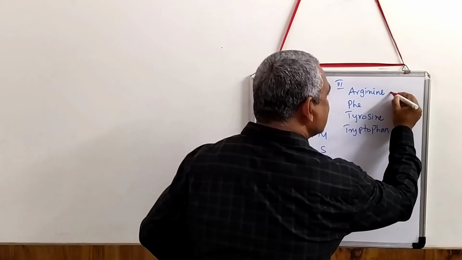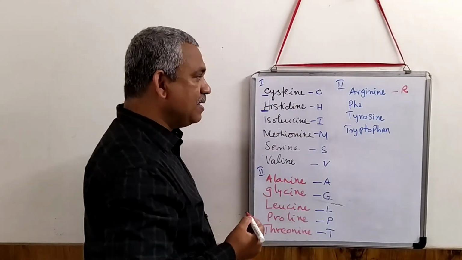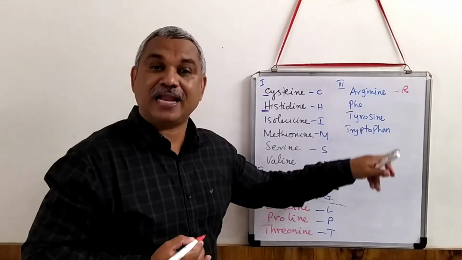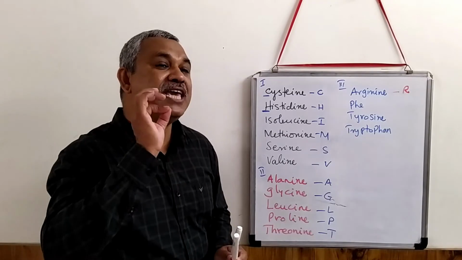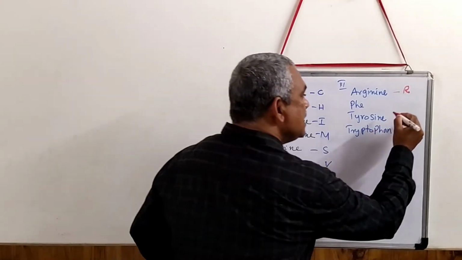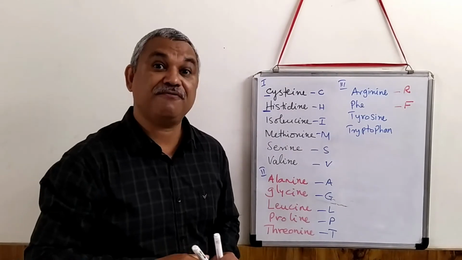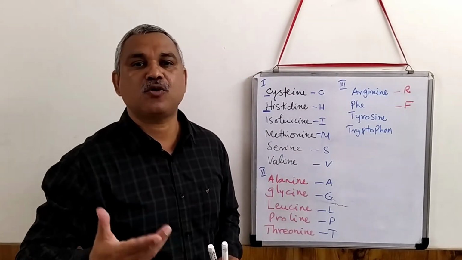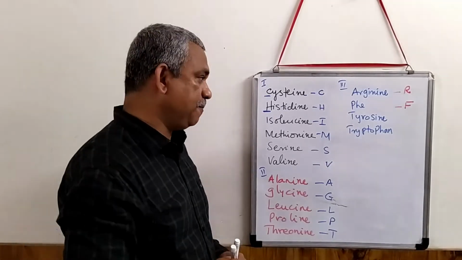So therefore, she assigned R for arginine, argin. In the case of phenylalanine, in certain European languages, phenylalanine is F. Phe comes prominent, phenylalanine. And in certain European languages, it's written with a capital F.